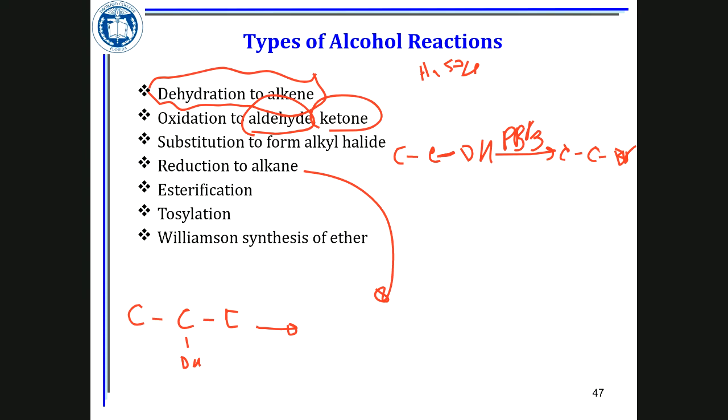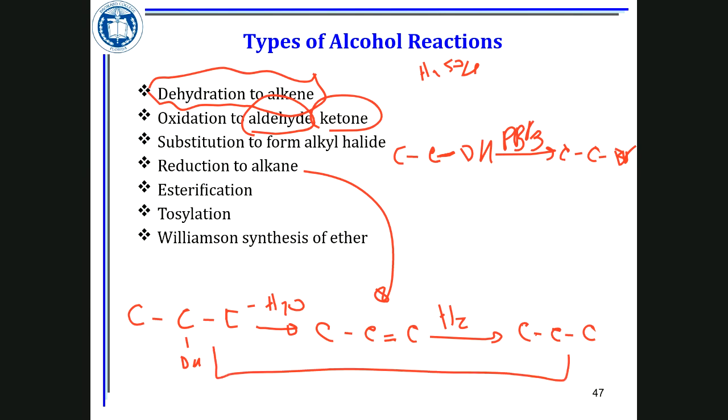It has to be a two-step reaction. First, you have to change this to alkene. So minus H2O first, and then you're going to protonate it, and you will get alkane. Reduction of alcohol will give you alkane in a two-step reaction. First, you have to do dehydration. Second, you have to do hydrogenation.